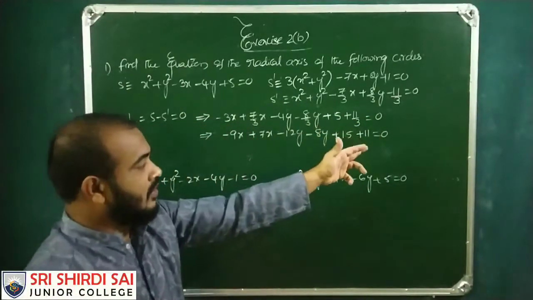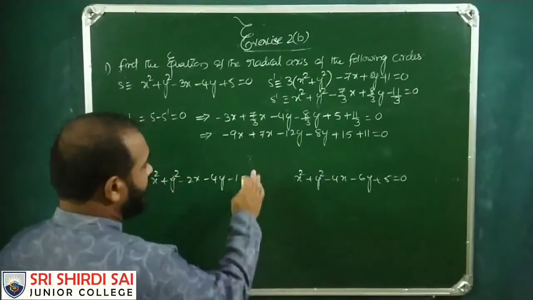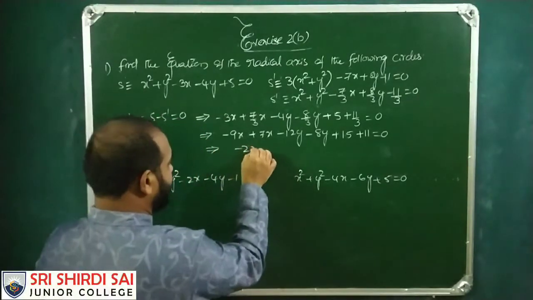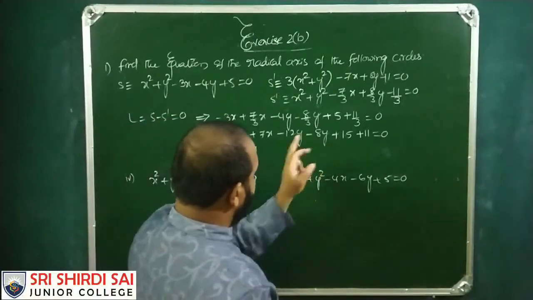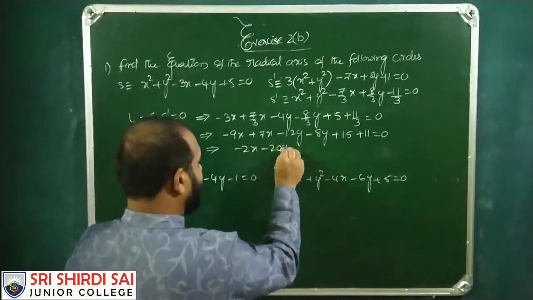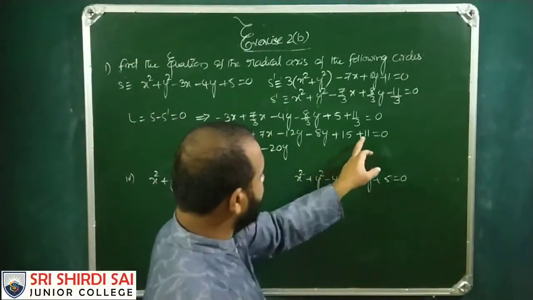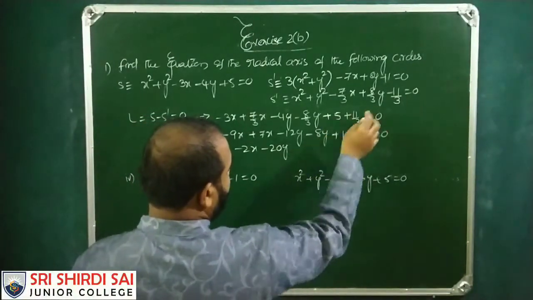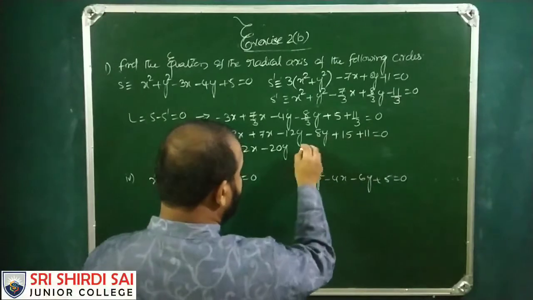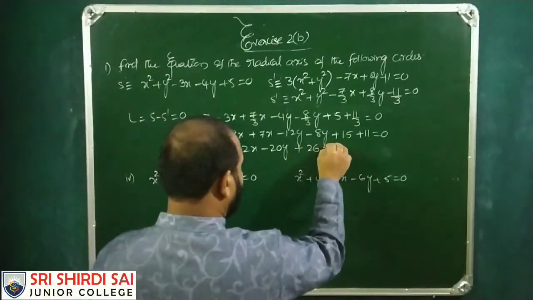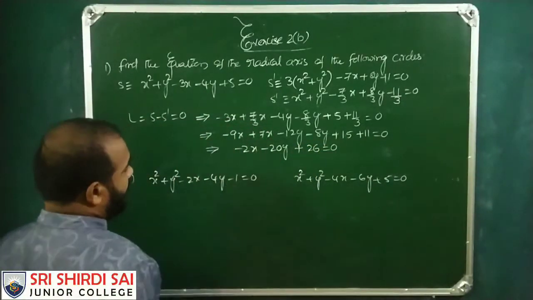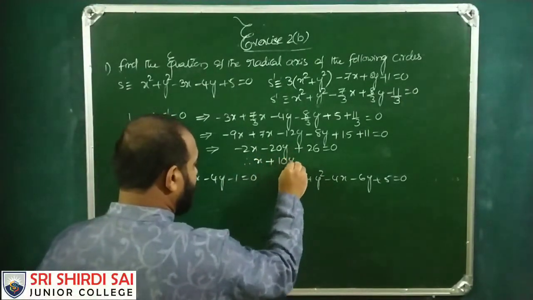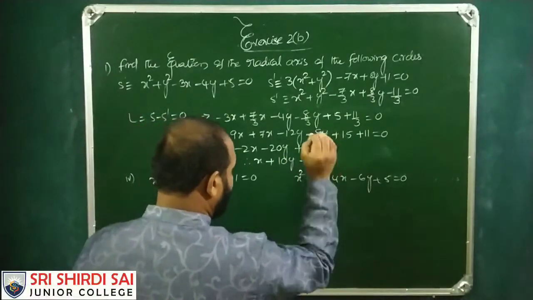So the 3 when transposed to the right side gives 0. So here minus 9x plus 7x is minus 2x, minus 12y minus 8y is minus 20y, and 3 5s are 15 plus 11 is 26, equals 0. Therefore, if I take minus 2 as common, then x plus 10y minus 13 equals 0.